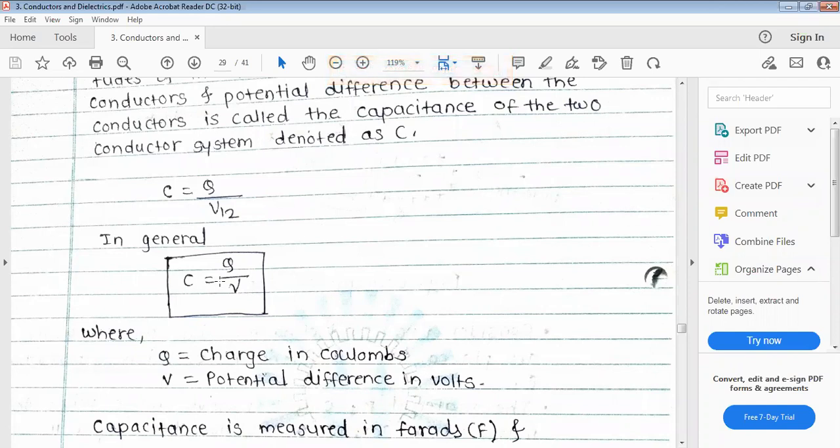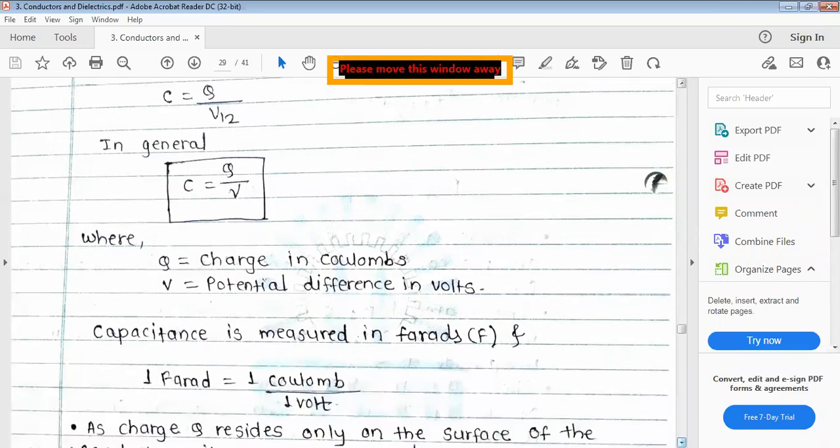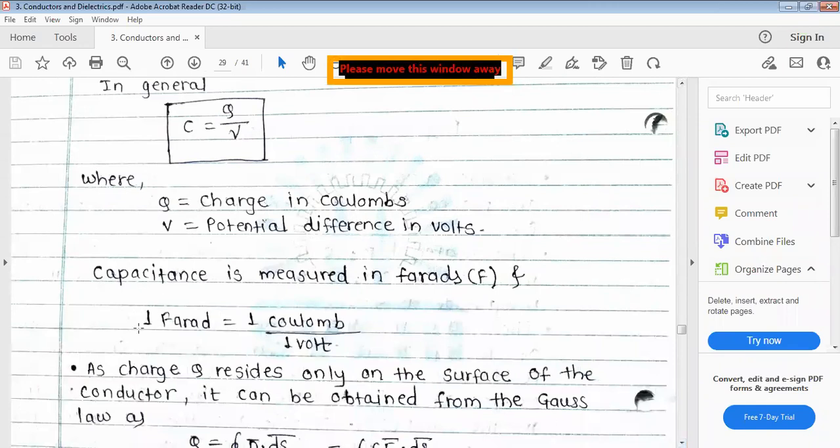Coulomb per volt. Correct. So in examination, such questions can be asked. You know the general unit is farad, but from the formula it is coulomb per volt. So 1 farad is equal to 1 coulomb per 1 volt.